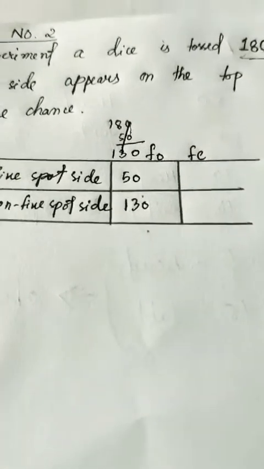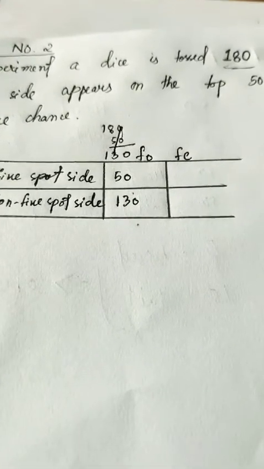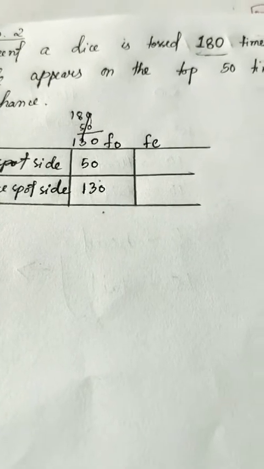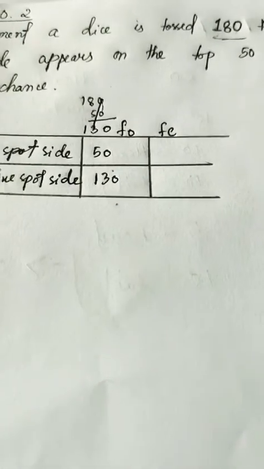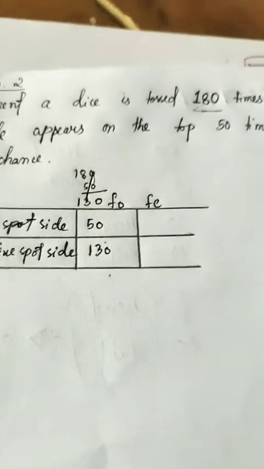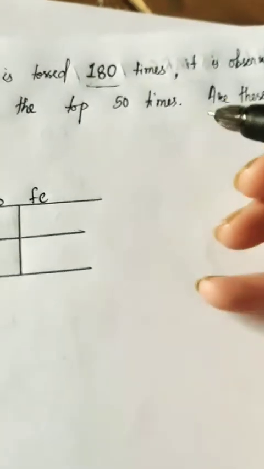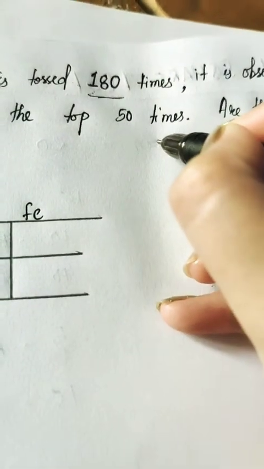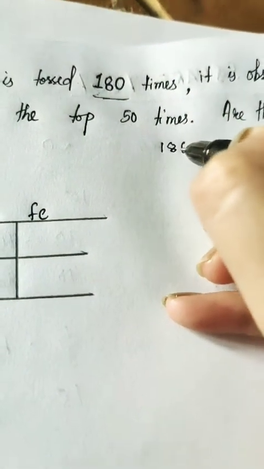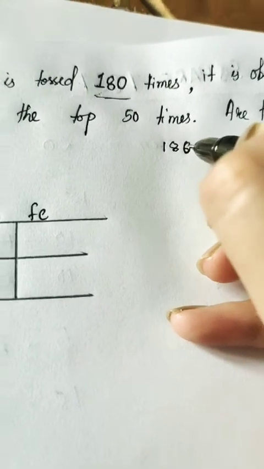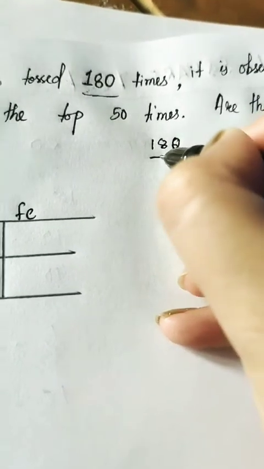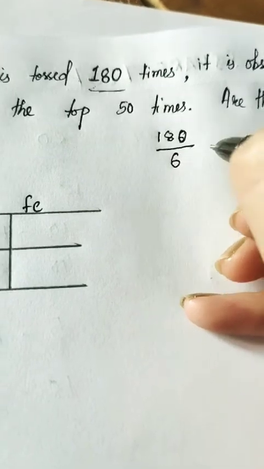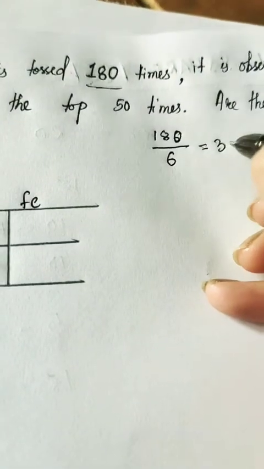Because when you toss a dice, there are 6 possible outcomes: 1, 2, 3, 4, 5, 6. The total number of times the dice was tossed was 180, and because there are 6 possible outcomes, you divide it by 6, which equals 30.